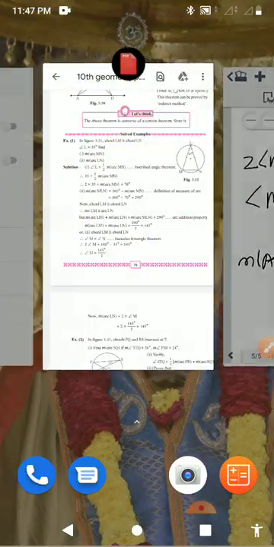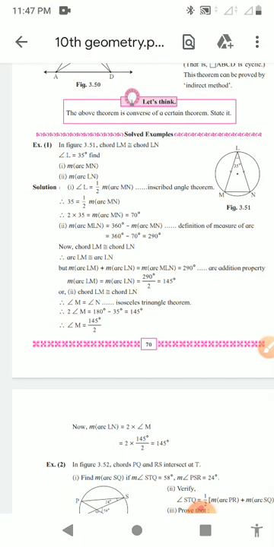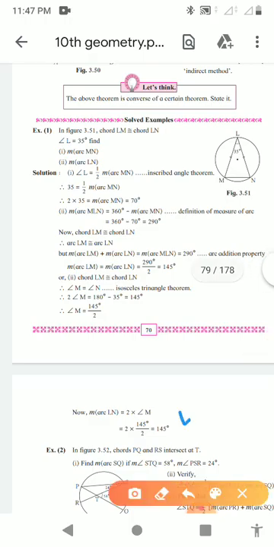So this is your answer: arc LN is 145 degrees. In this way we can calculate these two arcs. We have to use the simple inscribed angle theorem and some basic properties of addition of arcs.